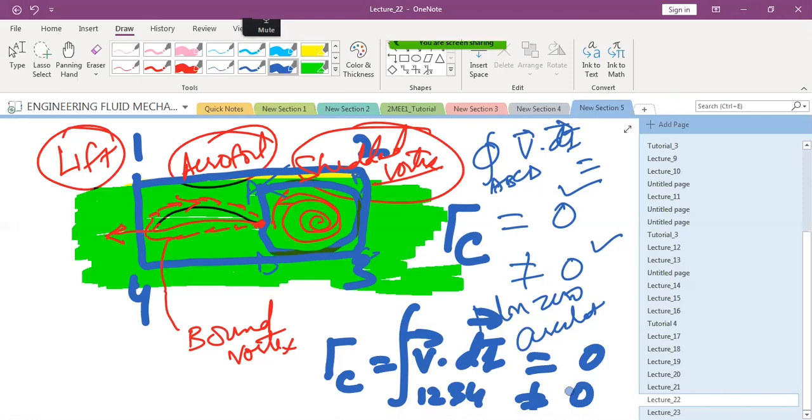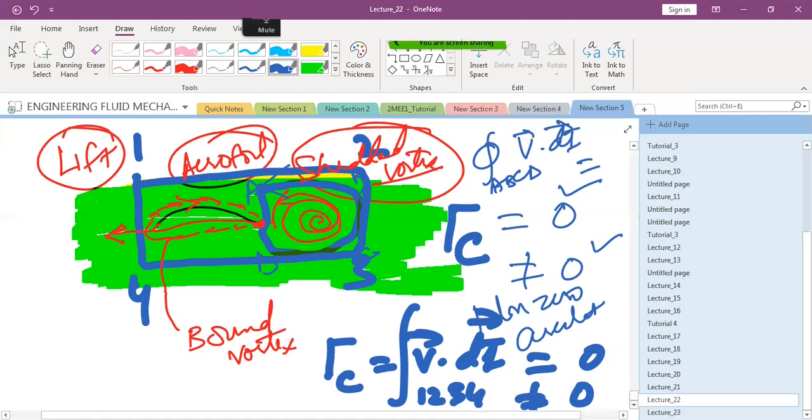Will the magnitude of both be the same? Yes, the magnitude will be the same because this shed vortex has come from the bound vortex. So this will be zero or non-zero? Zero. 1, 2, 3, 4, it will be zero.